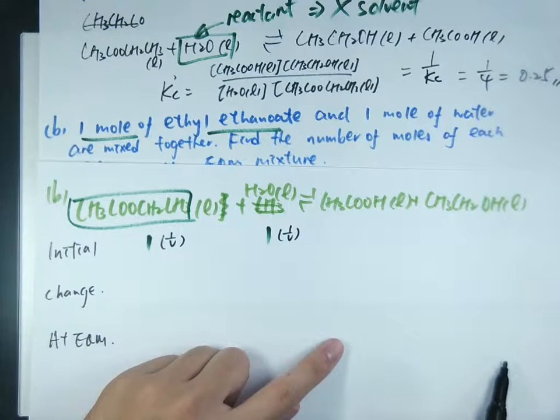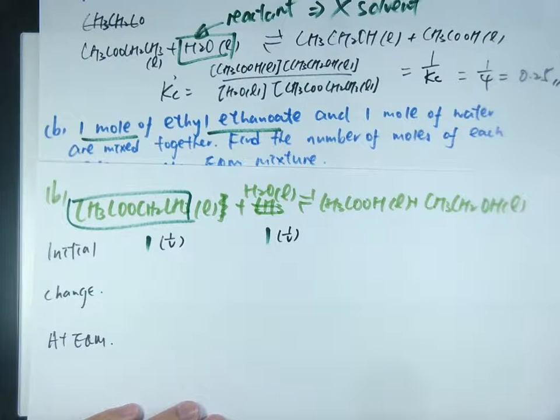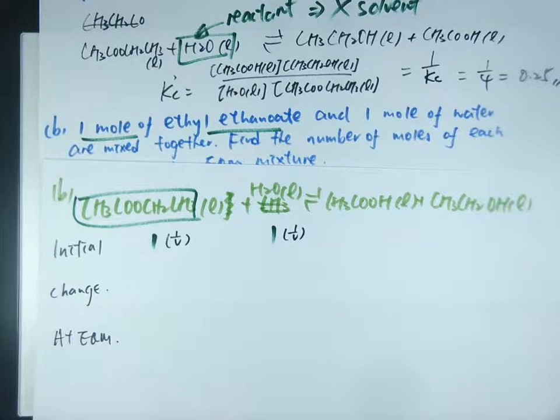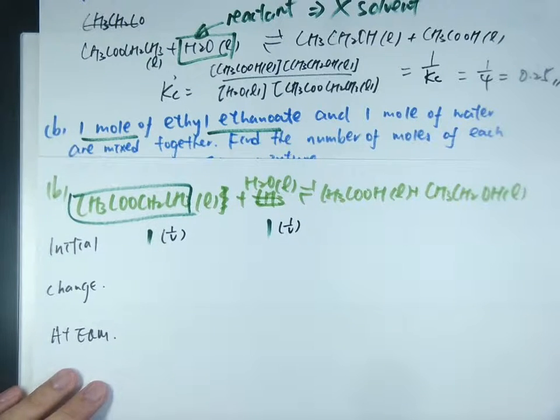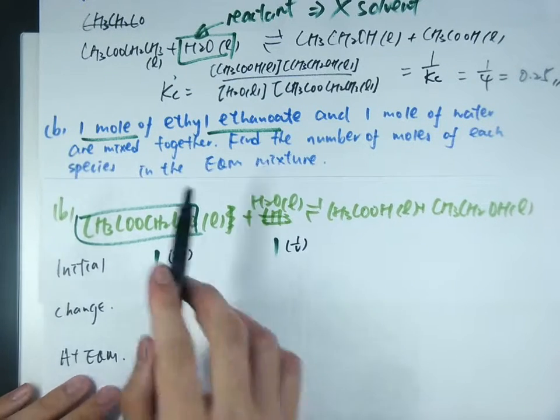So we have 1 over V, over V. Can you understand this? Because no matter what these are, these can be any number because this is actually the number of moles.